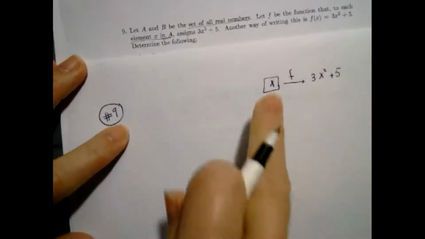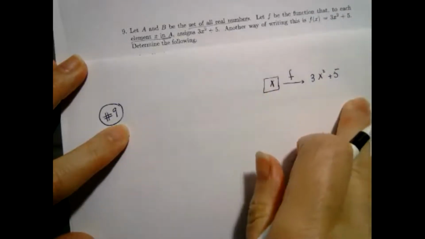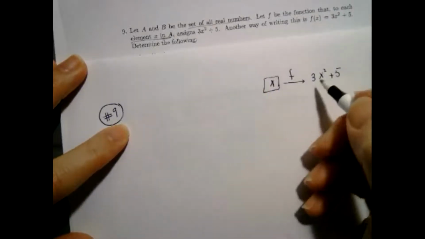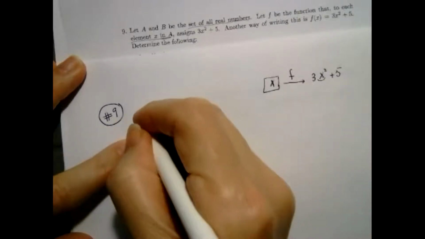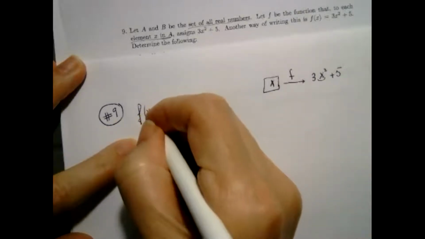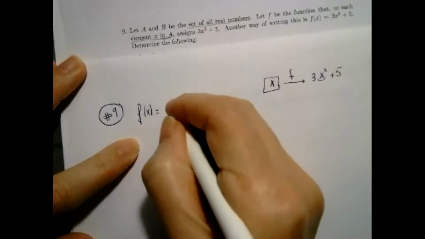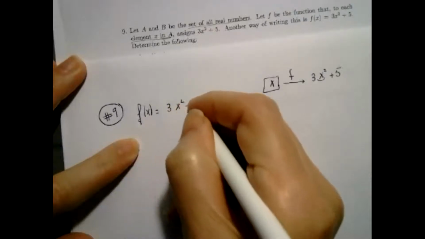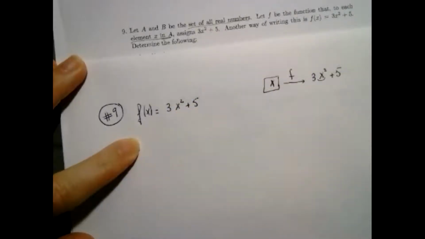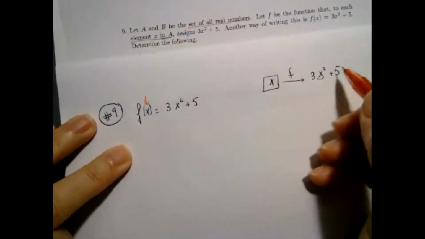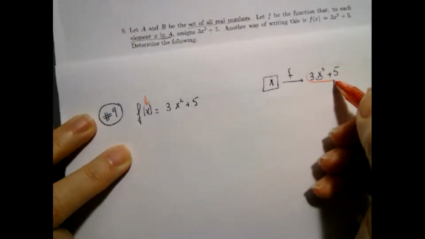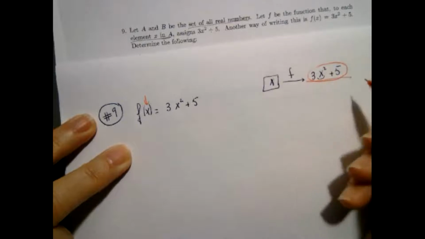That's the rule. So you give it something, input something, it outputs. What does it output? 3 times what you give it squared plus 5. And the way we write this is that f of x is 3x squared plus 5. So these are the input, those numbers. And for every input, the output that corresponds to it, or what we assign to it, is 3x squared plus 5.